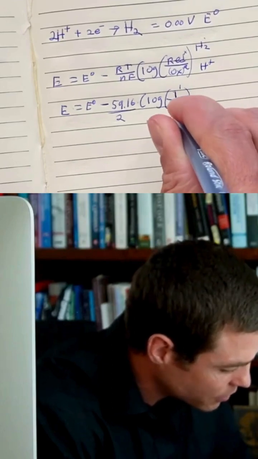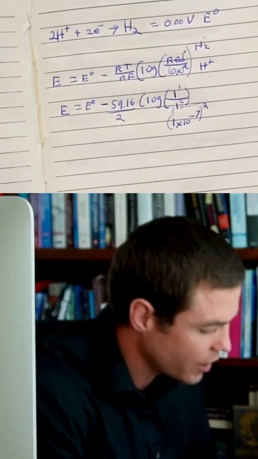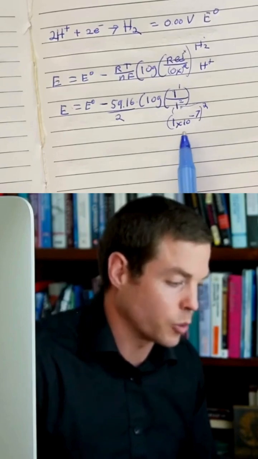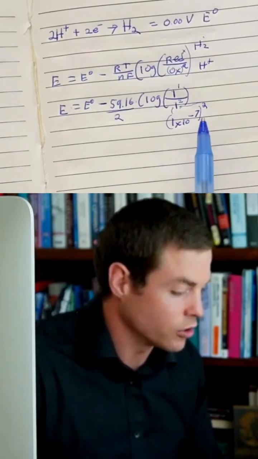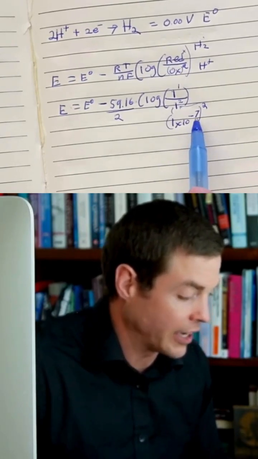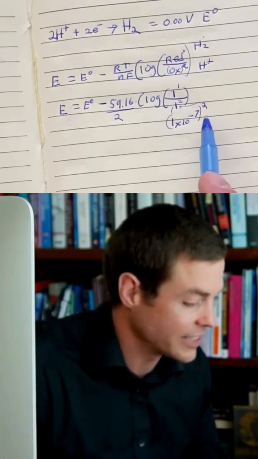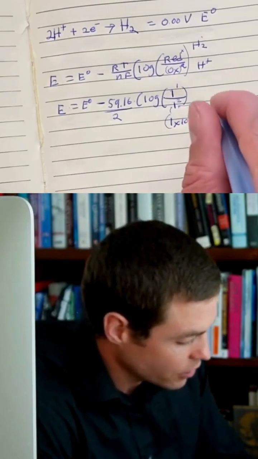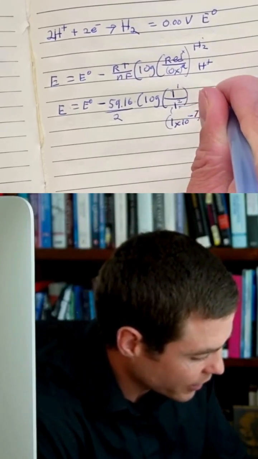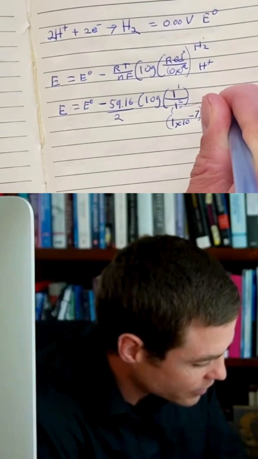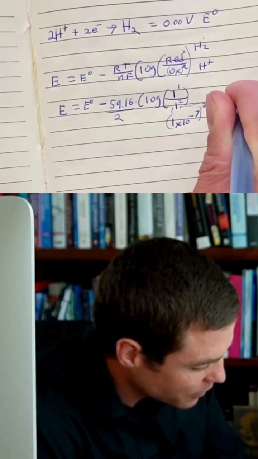Because these are exponents, we can just multiply them. So this would be 1 times 10 to the negative 14. So now we'd have, I'll just write it here, 1 over 1 times 10 to the negative 14.